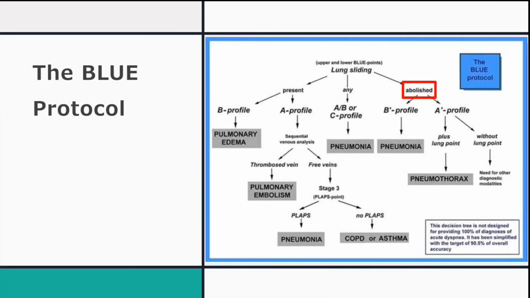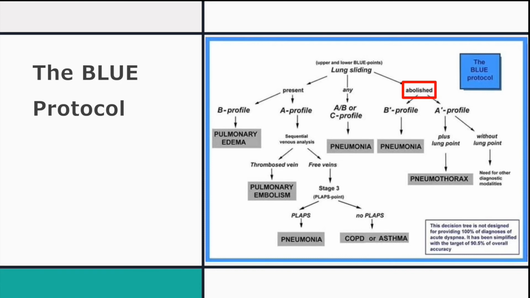A prime plus lung point, you have your diagnosis with a relatively good specificity for pneumothorax. Again, important to remember, if you don't find that lung point in your survey, don't throw away your diagnosis, but you'll need to use another modality to confirm or deny that.